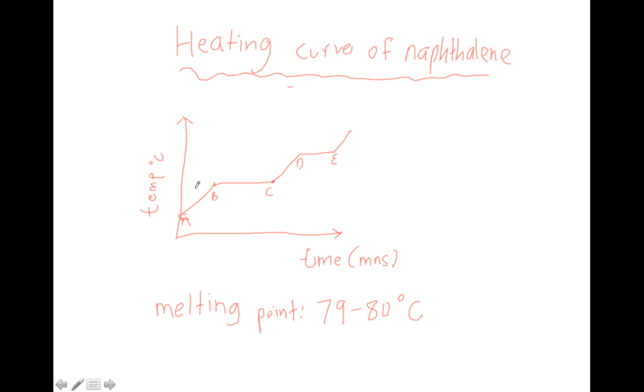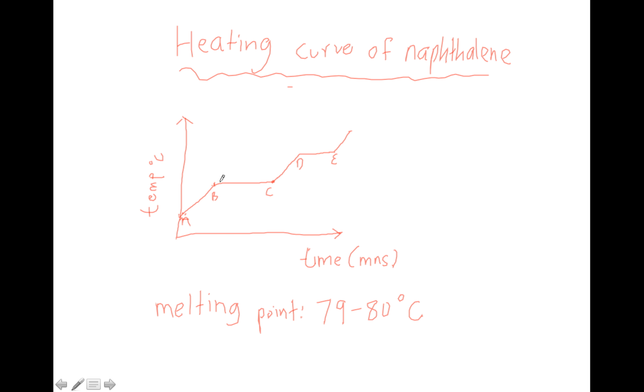The temperature increases, the particles absorb energy, they vibrate faster, kinetic energy increases, all these good things happen. Now at point B, naphthalene is still a solid. When does it become a liquid? It becomes a liquid at point C.